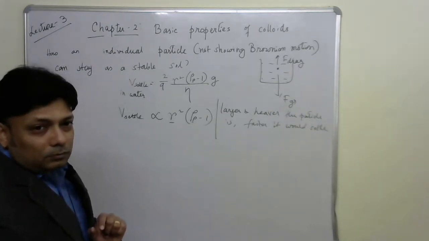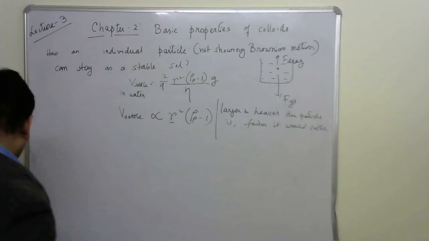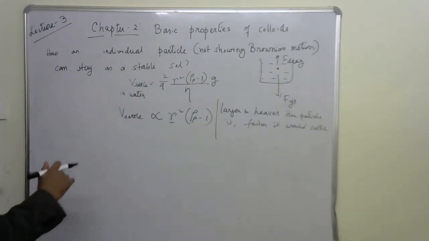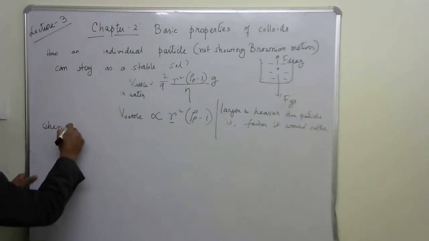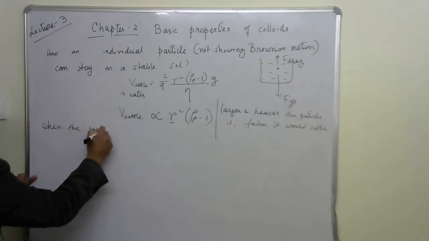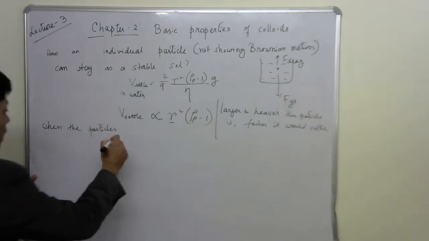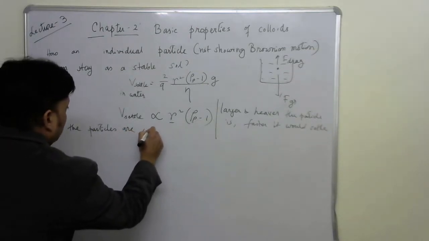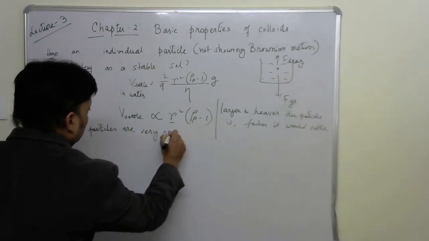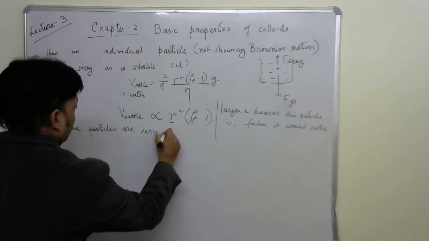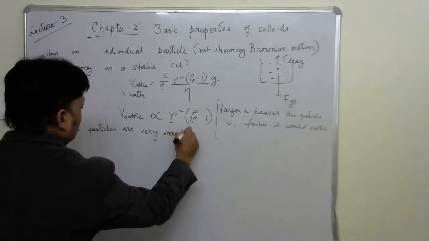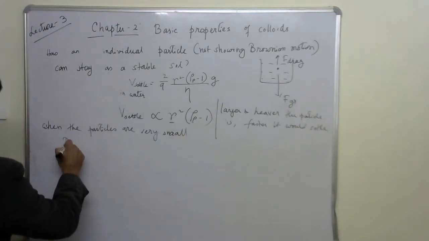Now another very important thing is that when the particles are very small, the Brownian motion dominates.